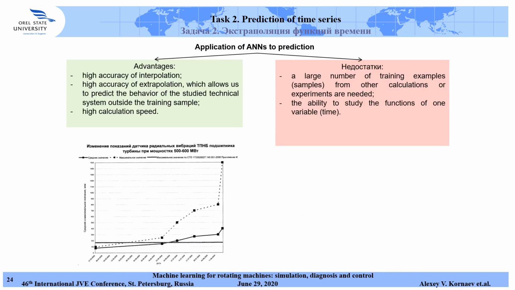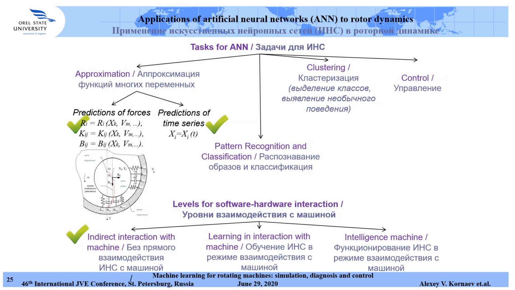I believe that NARX networks could be very useful to predict time series for rotor machines to avoid failures. The main disadvantage of NARX is that they can't approximate the function of many variables. The next task is connected with pattern recognition and classification.